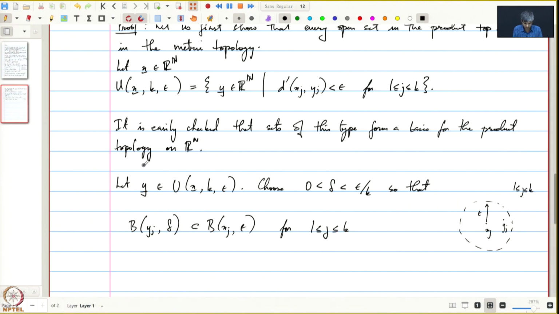That's because y is over here. Okay, so choose a delta which lies between 0 and epsilon by k. If you choose delta very small, then the delta neighborhood for all these yj's will completely lie inside this epsilon neighborhood of xj.